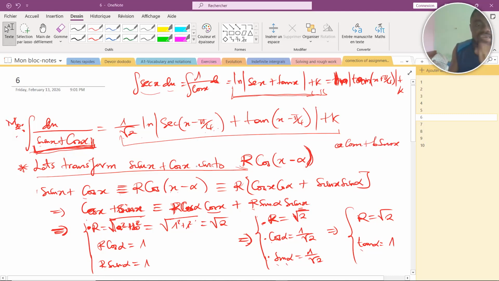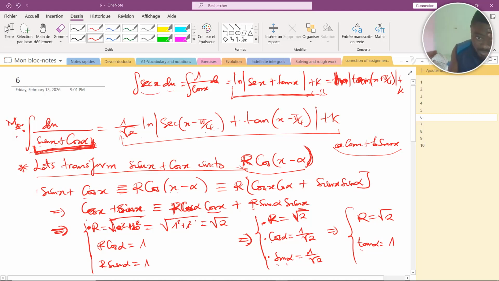So my aim will be what? I'll try everything possible to convert what is in the bottom here into something of the form r cos x minus alpha. That's what I'll do. So that's our objective.